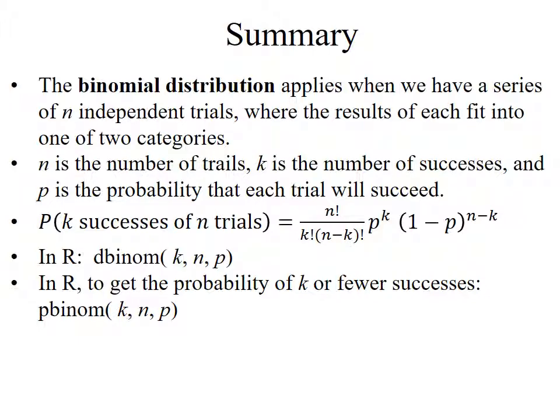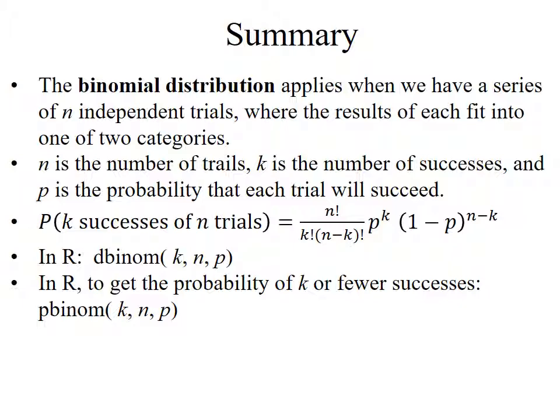All right, to summarize, the binomial distribution applies whenever we have a series of n independent trials where the results of each fit into one of 2 categories: yes or no, true or false, success or failure. Every single one of the trials gives me 1 bit of data. In this, we use n to represent the number of trials, k to represent the number of successes we want, and p is the probability that each trial will succeed.